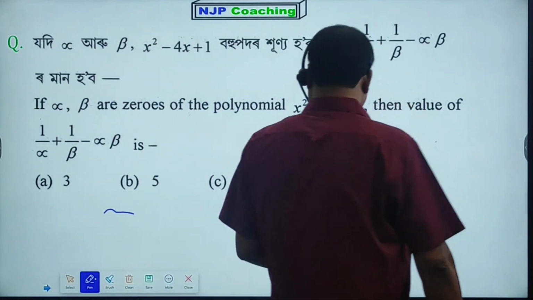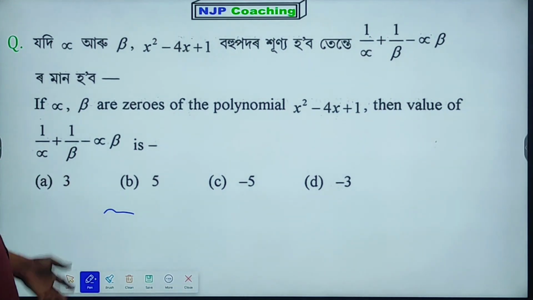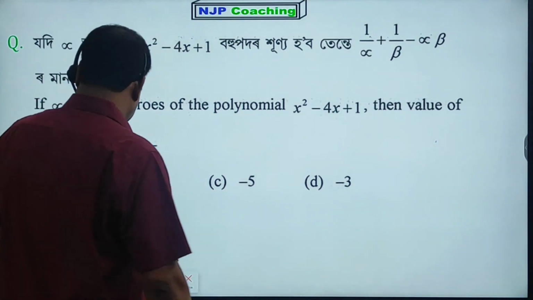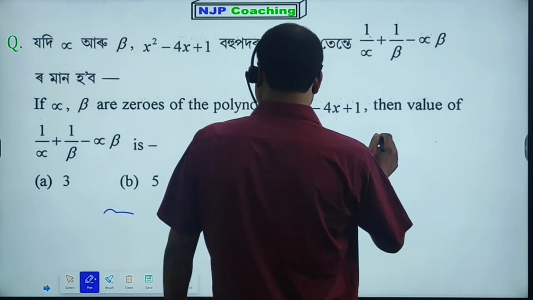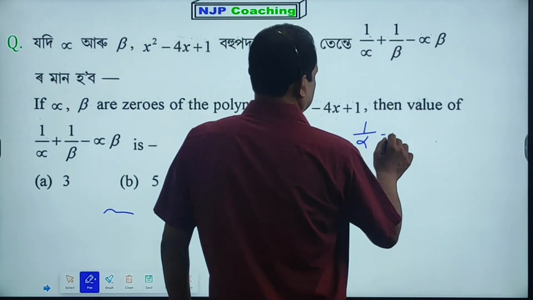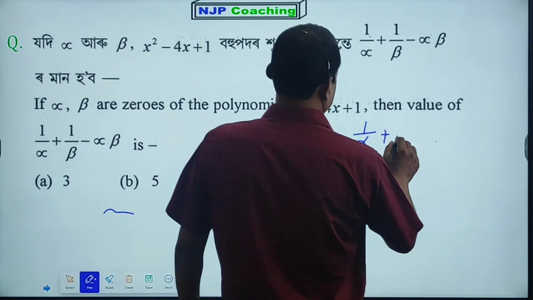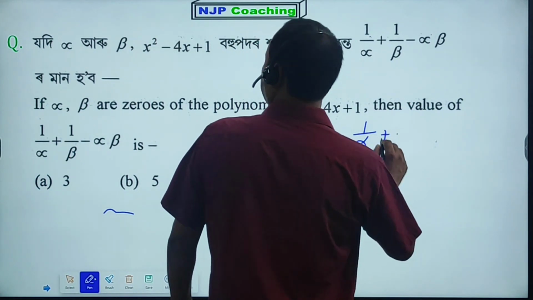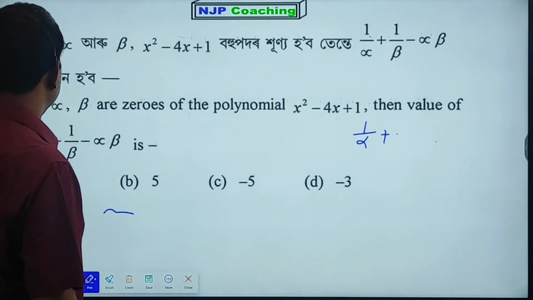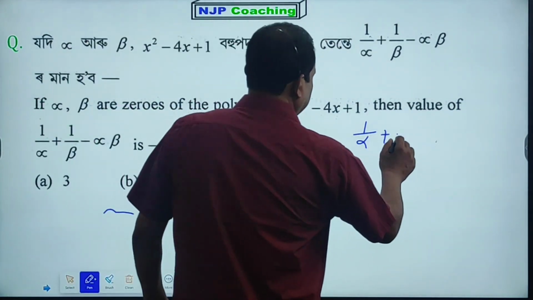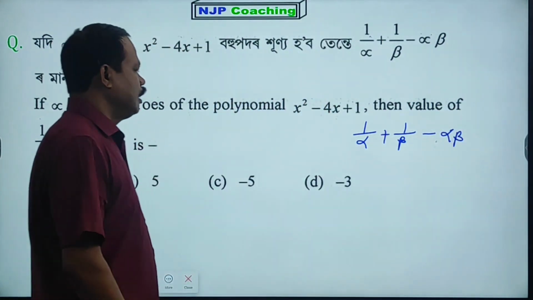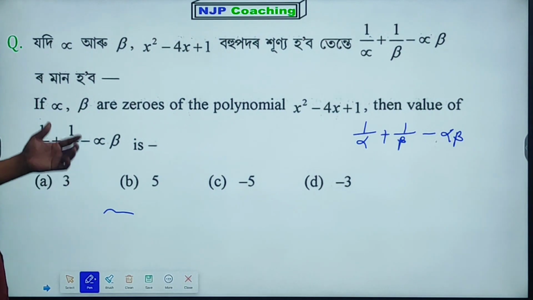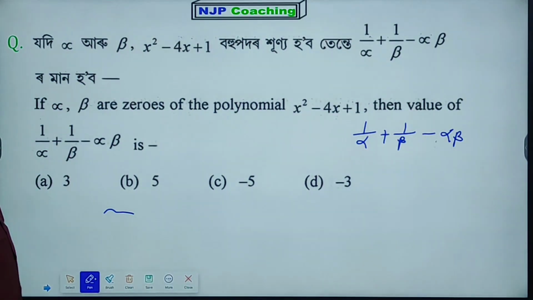I need some space here to write it. So this expression we have to find out, and the given polynomial is x square minus 4x plus 1.